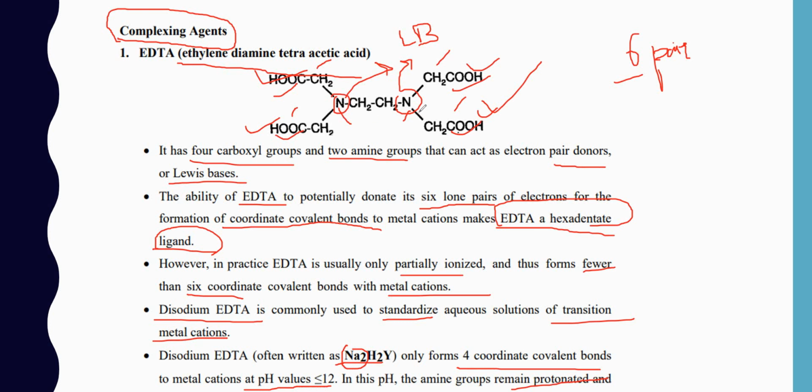These two nitrogen groups will remain protonated and unable to donate electrons to the formation of coordinate covalent bonds. So at pH 12 they remain protonated and cannot donate any lone pair of electrons. So disodium EDTA has the ability to donate only 4 pairs of electrons, or to form only 4 coordinate covalent bonds.